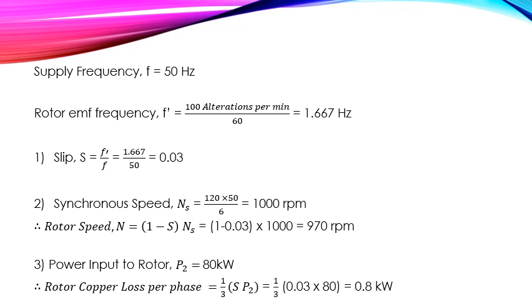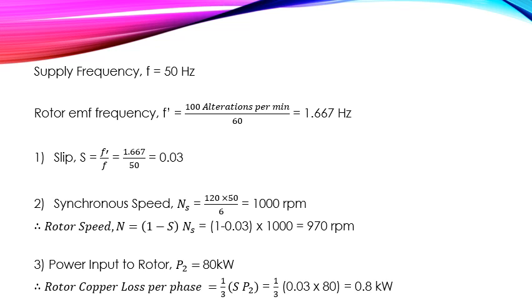The slip is the ratio of f dash and f, so it is 0.03. Then synchronous speed is 120f by P, P is 6, so it is 1000 rpm. Then put that in the equation of rotor speed, which is (1 minus S) multiplied by Ns, and that is 970 rpm. Then power input to rotor P2 is 80 kilowatt, as given.